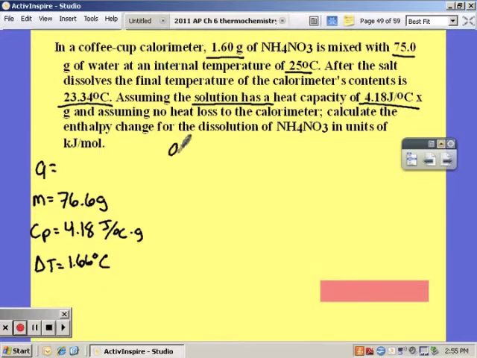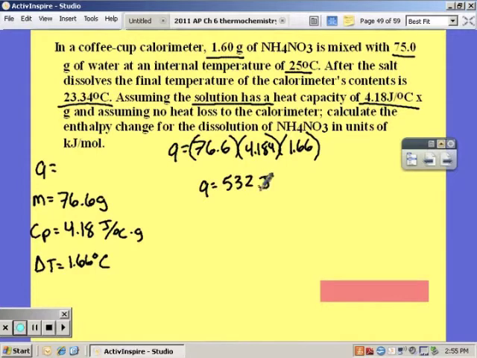Notice the temperature was going down, which makes this an endothermic reaction. Solving for Q, you get 532.